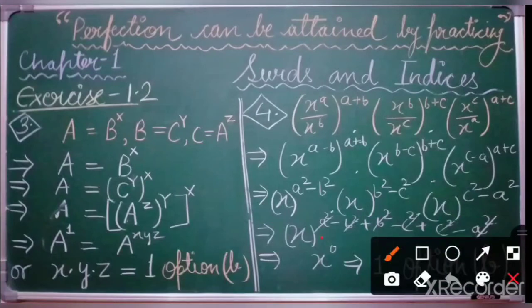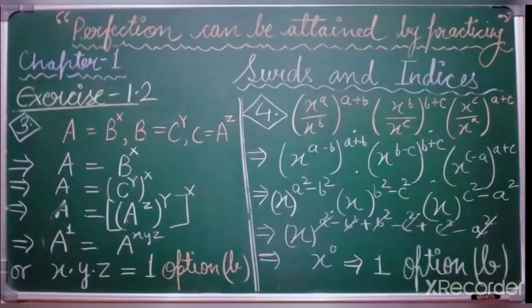You will get a square minus b square plus b square minus c square plus c square minus a square. All the powers are same and can be cancelled out by one another. So you will get x to the power 0 because you have nothing left in the power. And if any number or any variable has 0 as its power, the answer is always 1. So the option B would be your correct answer.